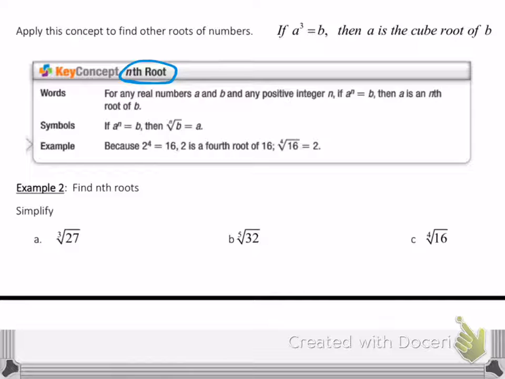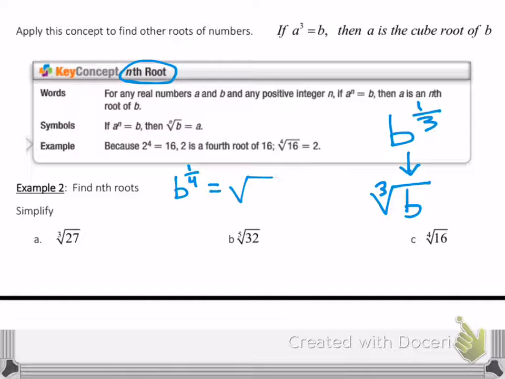So what that means is b to the 1/3 power is the same thing as the cube root of b. You use the same radical sign, and inside the little dip is the number 3.